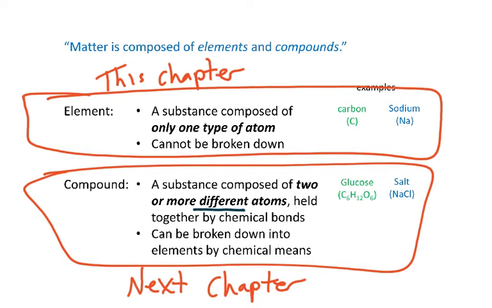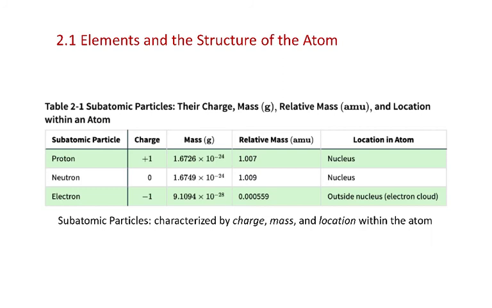So this whole chapter is about elements and atoms, and section 1 is specifically about elements and the structure of the atom. So what is an atom? An atom is defined as the smallest stable component of matter.